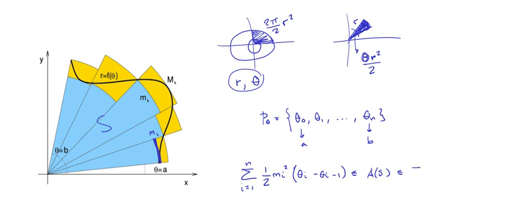And then again we have the upper sum, which is 1/2 of the maximum value of the function here, so this is M_i squared, and then again times the angle, which is the difference between the two values of the partition. So this is equivalent to this definition of the integral by Riemann of a function f, which is a function of theta.